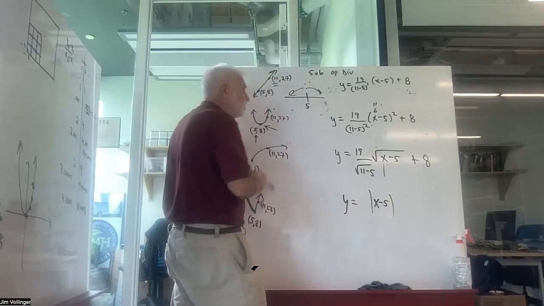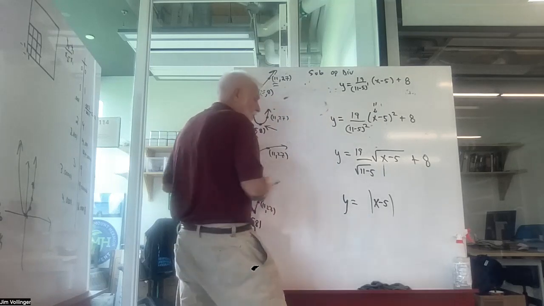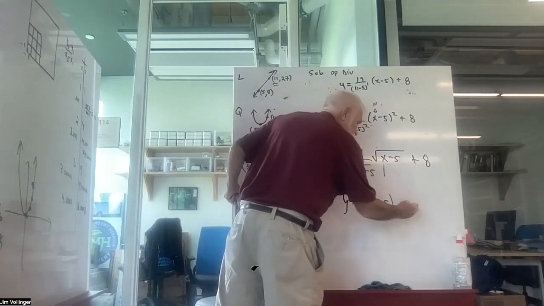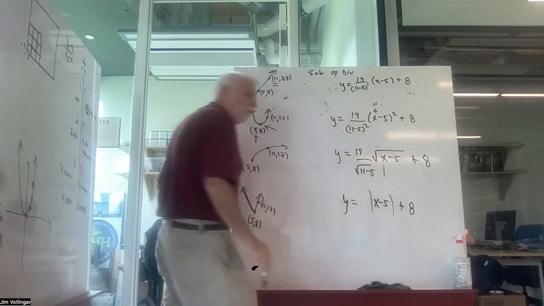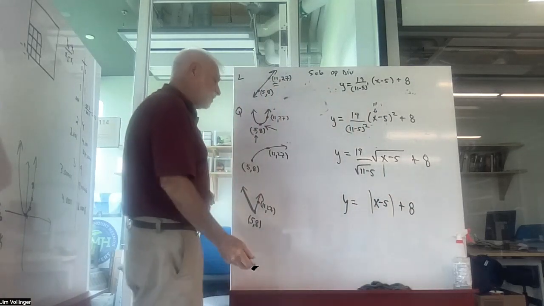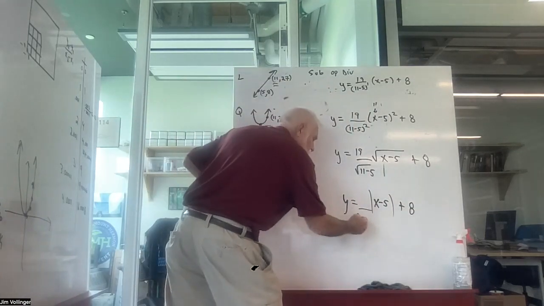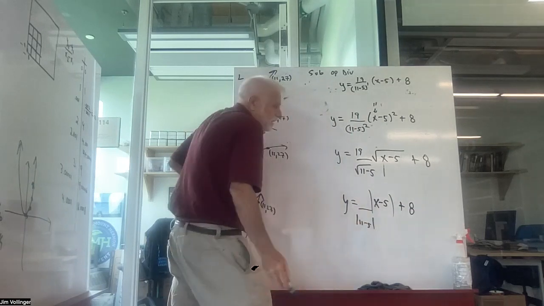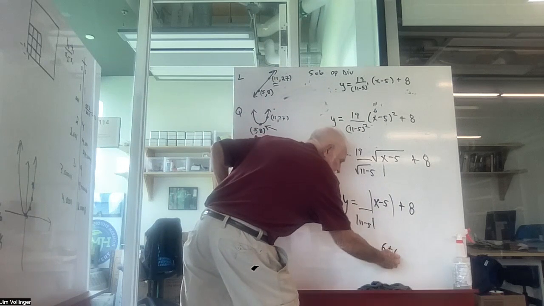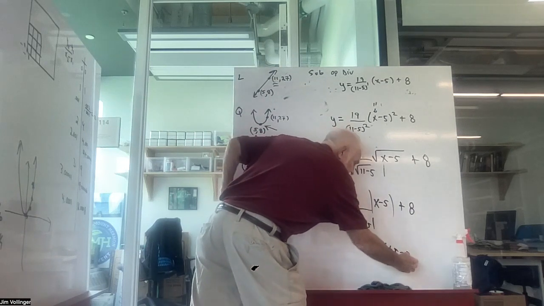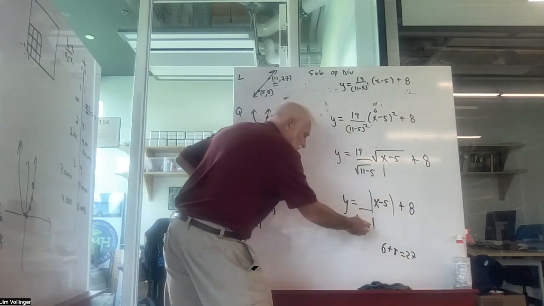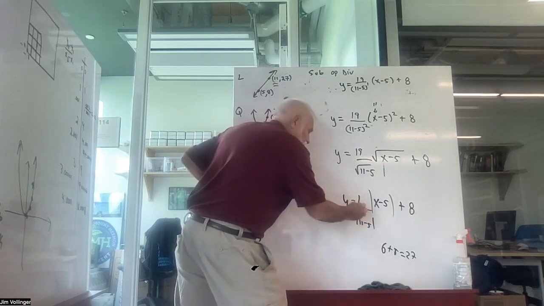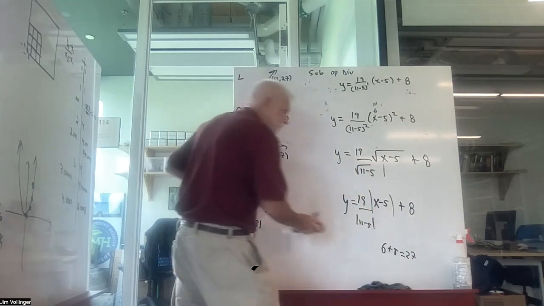And I know 5 matches up with an 8, so I've got to get that correlation. And now I put an 11 in. And so I really have the absolute value of 11 minus 5, which is 6. Again, 6 plus 8 does not equal 27. So we've got to get rid of that 6 through division and bring in the 19.